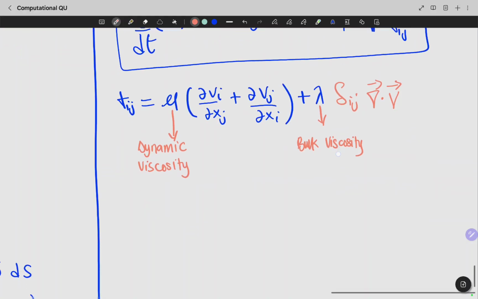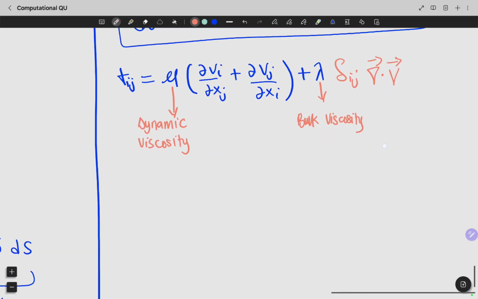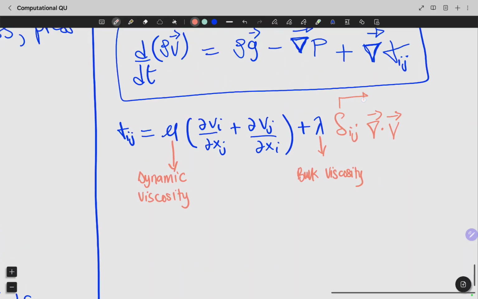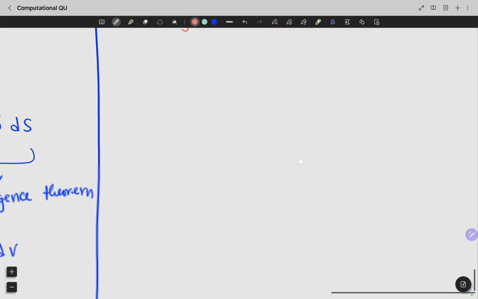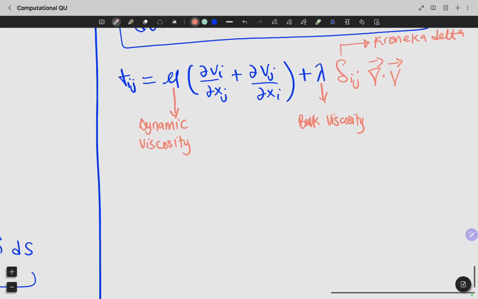Sorry, I'm changing the colors, but anyways, this is Kronecker delta. We know what it does. It is 1 when i equals j, and it's 0 otherwise.